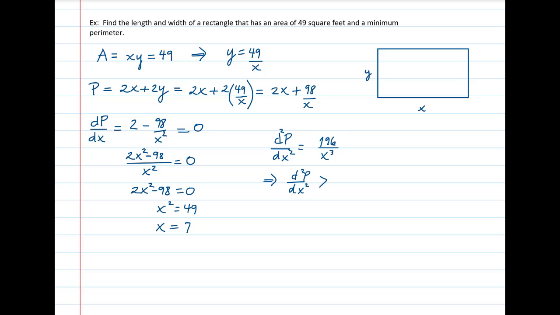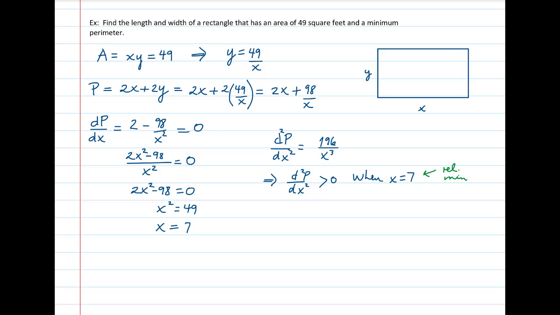That second derivative is greater than 0 when x is 7. If you plug in 7, we don't really care about the number, we just know it's positive. By the second derivative test, we know there is a relative minimum at x equal to 7. That's just to confirm that we actually have a minimum at x equal to 7.